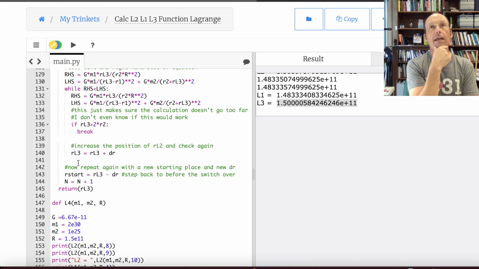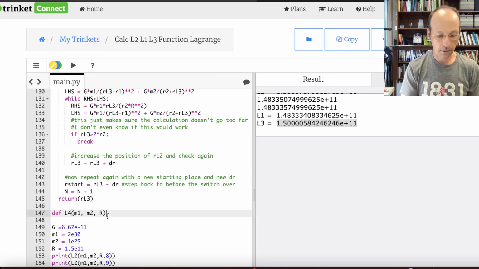But now I want to calculate the actual position. So if that's the case, I need to know the actual position of mass 1 and mass 2, not just their values. So I could pass in R1 as a vector and R2 as a vector. But I'll have to pass that in.